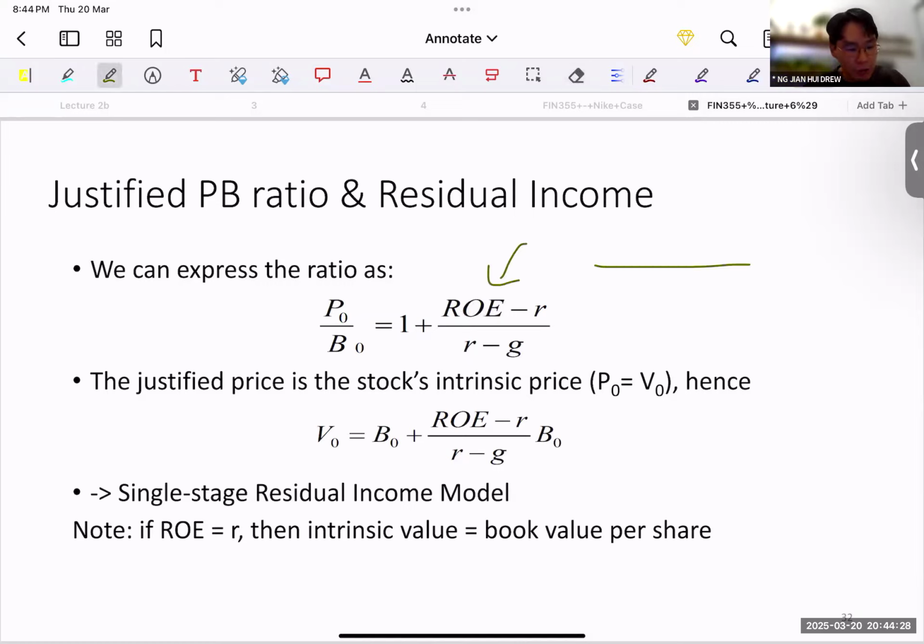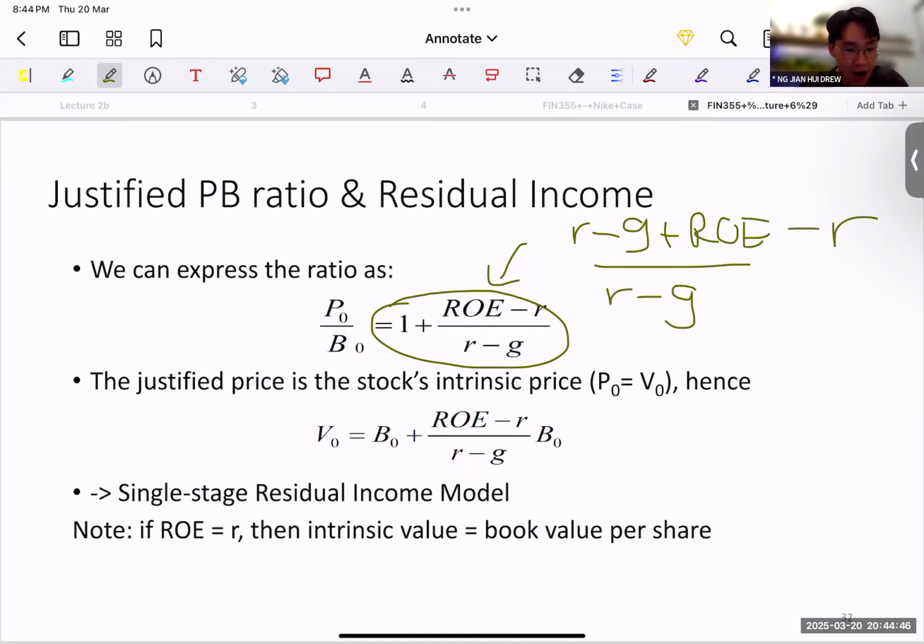So I'm just going to show you, let's say I combine this into one equation. So it's R minus G to one fraction, which gives you R minus G plus ROE minus R, right? And then what do we have here?